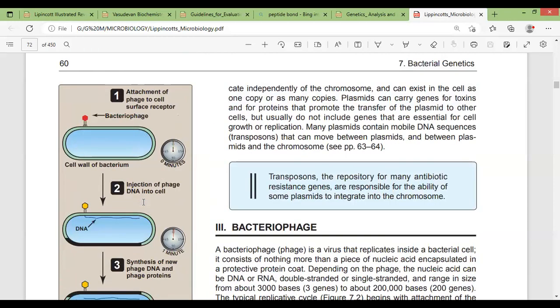So bacteriophage can be used as vectors. Then the other thing we also mentioned last week was cosmid. This is whereby you take two, one. That was the definition of a cosmid. Just review the technology on your own.